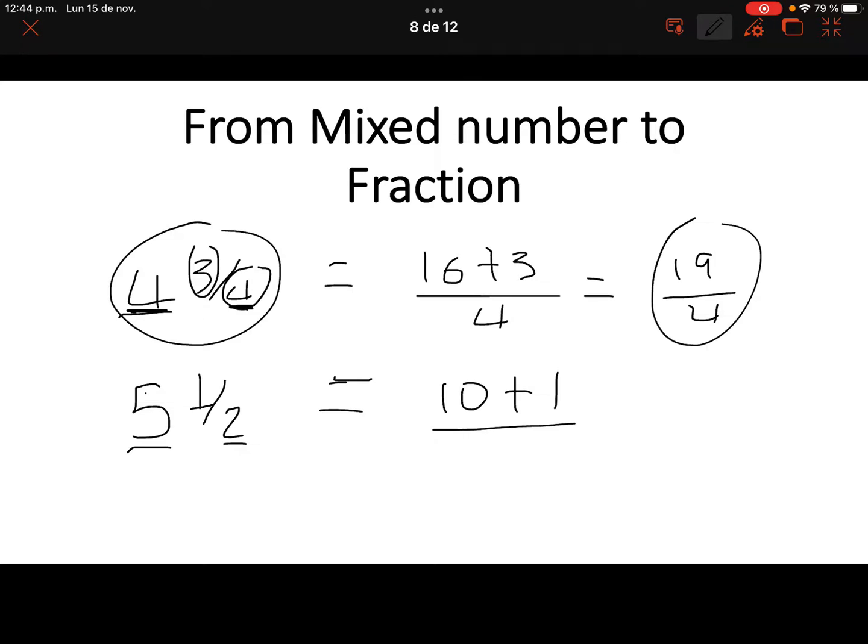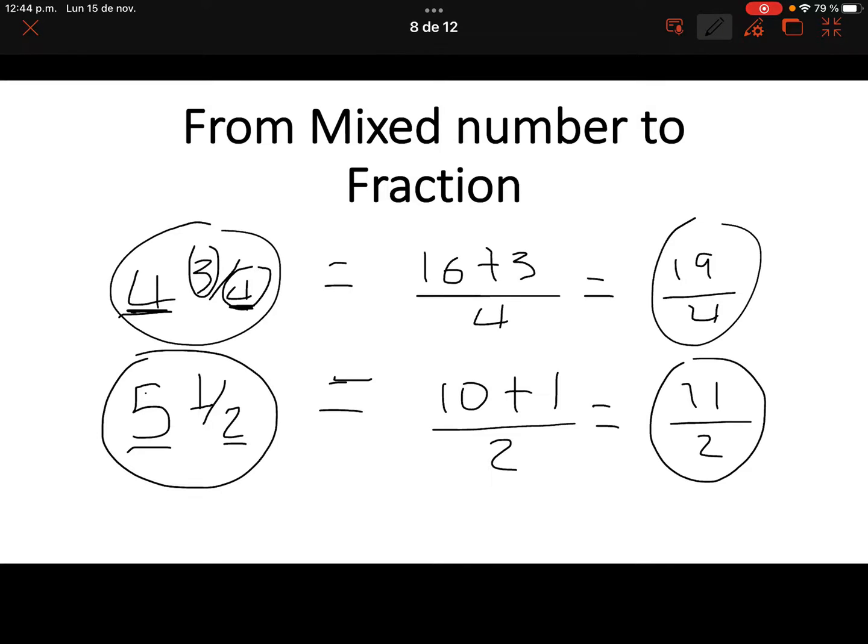And put all of this over the denominator of the fraction part, in this case 2. 10 plus 1 is 11, over 2, then the fraction is 11/2. Mixed number 5.5 or 5 and 1/2, the fraction 11/2.